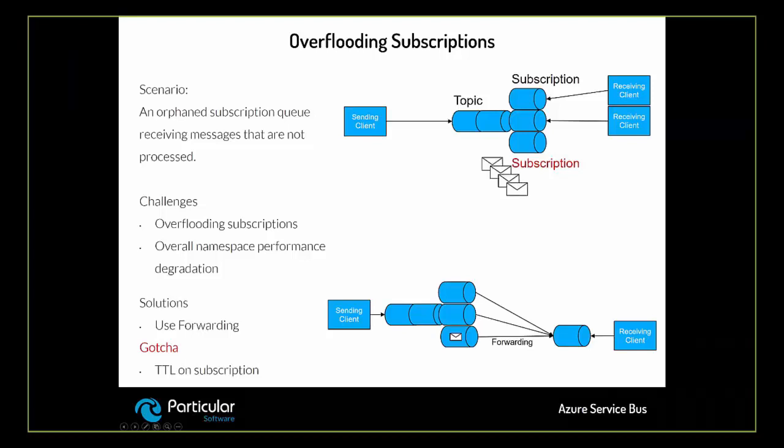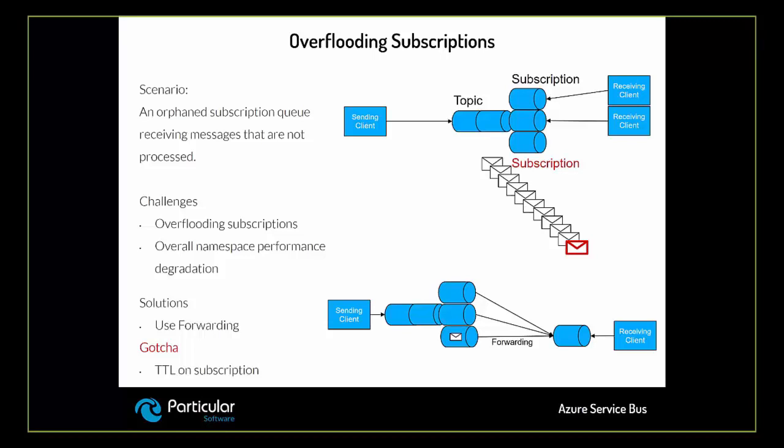What can happen is that a subscription that is receiving messages and is not monitored can eventually overflood by receiving messages and exceeding the maximum size. The challenges associated with that, aside from overflooding the entity itself, are the degradation of the overall performance of the namespace, and obviously a potential outage.